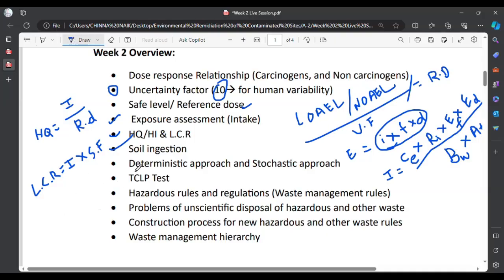After soil ingestion, there are two important concepts: the deterministic approach and the stochastic approach.